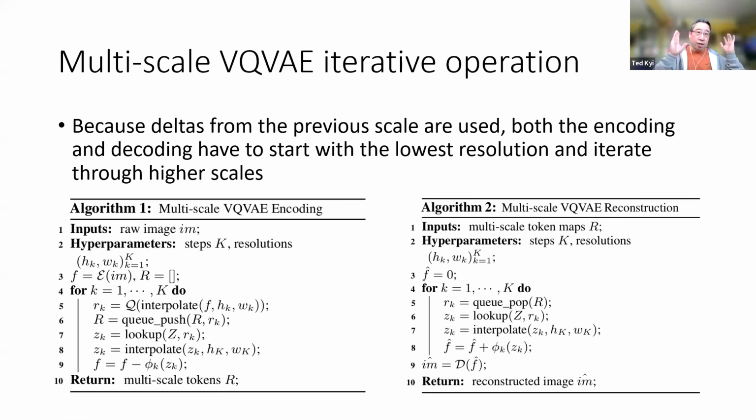Okay, so this is a dedicated multi-scale VQVAE that gives you all your resolutions at once, and then reconstruction also has to be an iterative process. You cannot say, let me do the reconstruction at the 8x8 level without the information about the other ones, because this is a residual process. You have to have all the earlier ones, and then you sum all the predictions from all the earlier ones with your predictions in order to get your final prediction.